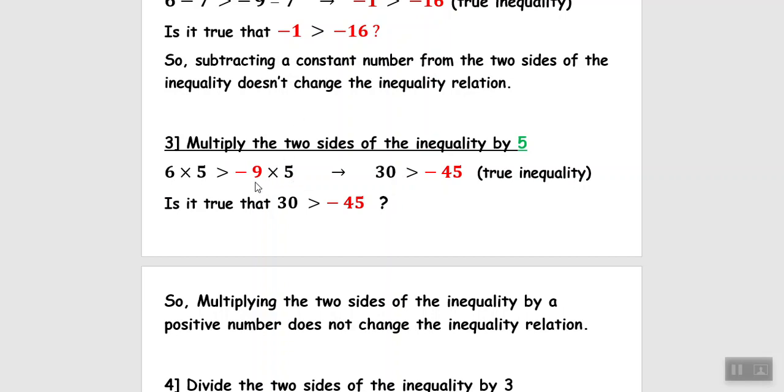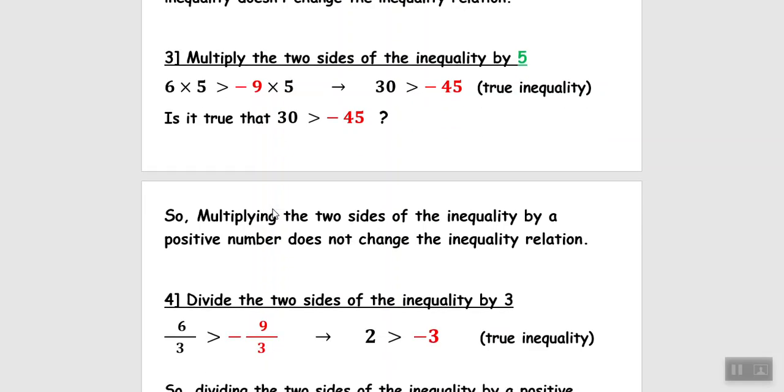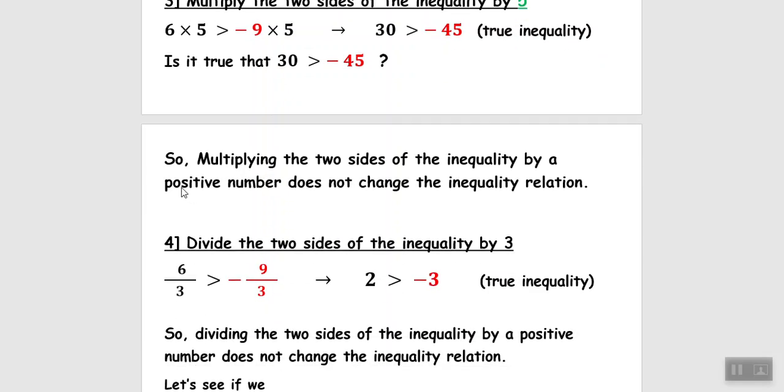The right side, negative 9 by 5 will get negative 45, according to the rules of multiplying integers: negative by positive equals negative. Is it true that 30 is more than negative 45? Yes, any positive is more than any negative. So this is a true inequality. Multiplying the two sides of the inequality by a positive number doesn't change the inequality relation.